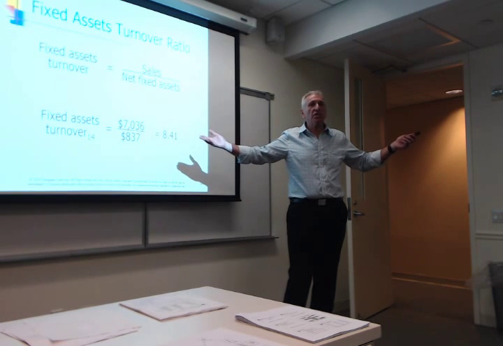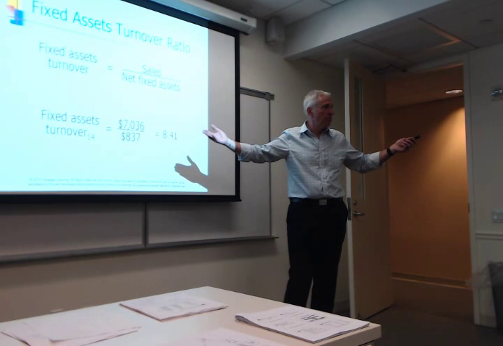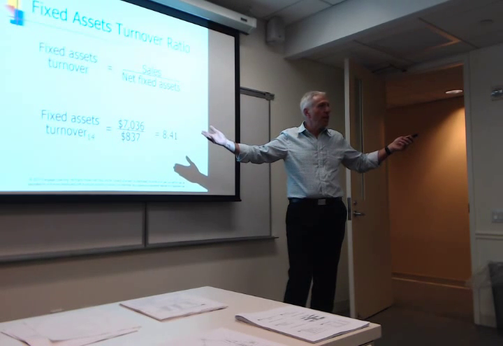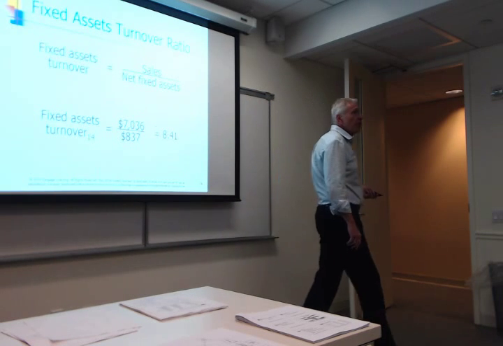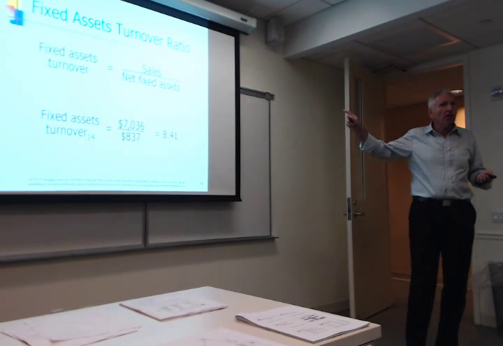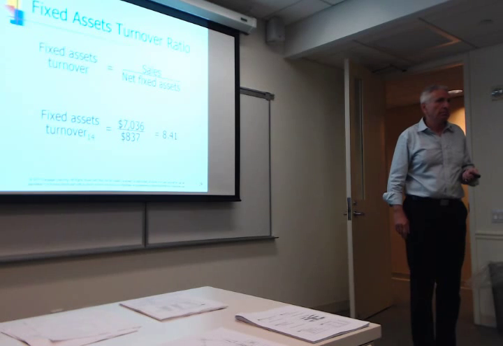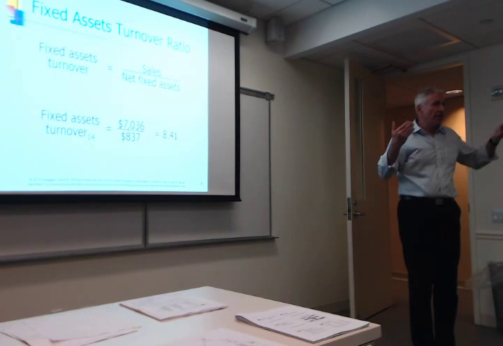A new business starts up, and they've got a $150 million investment. Right? So if I use the net fixed asset approach, the new business ends up with a horrible ratio when you compare that to the old business.